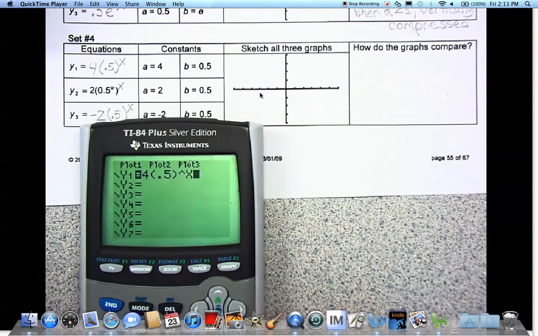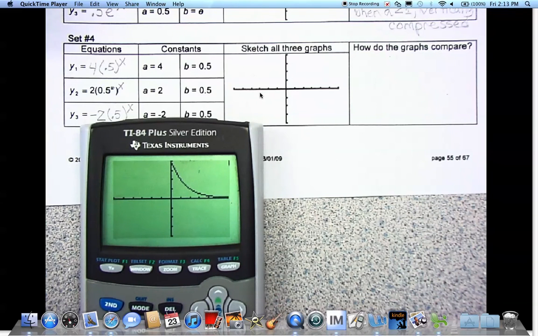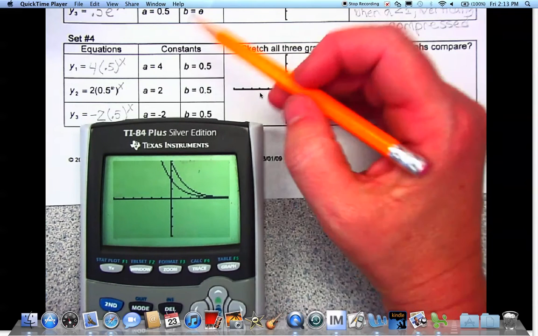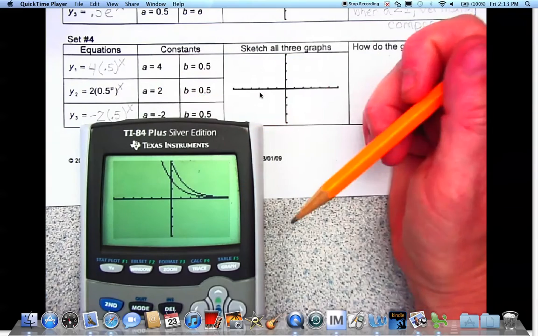Anyway, we got one of them in there. Okay, 4 times 0.5 to the x and 2 times 0.5 to the x, and then graph it. Why is it decaying? That's the 0.5. Right, this b is less than 1, so it's decaying.